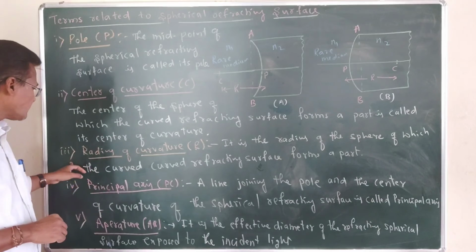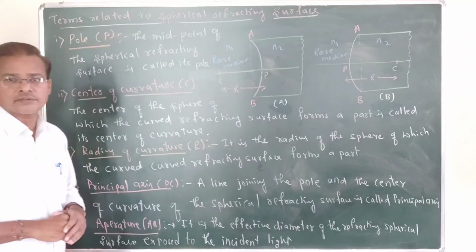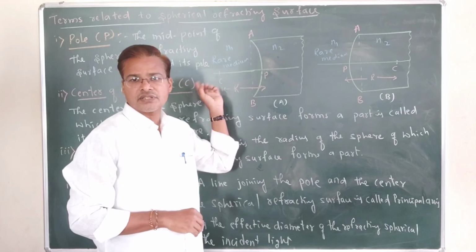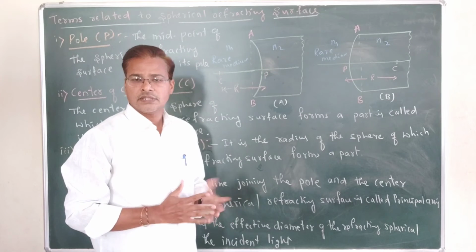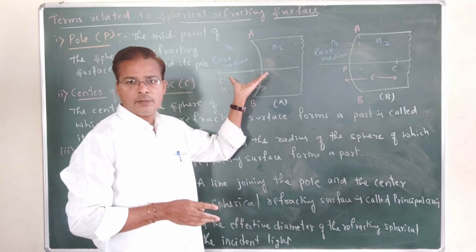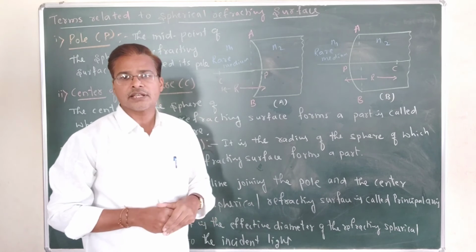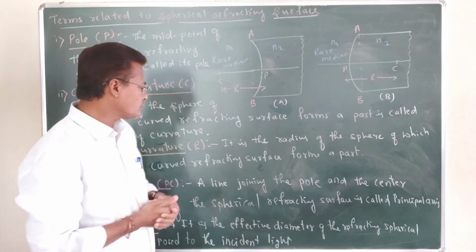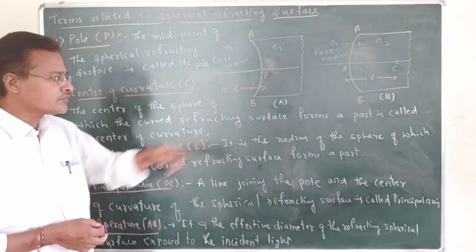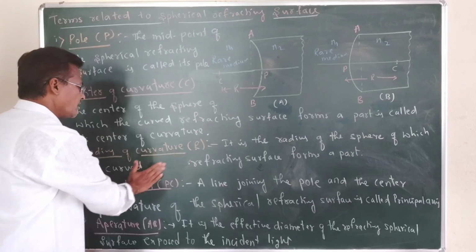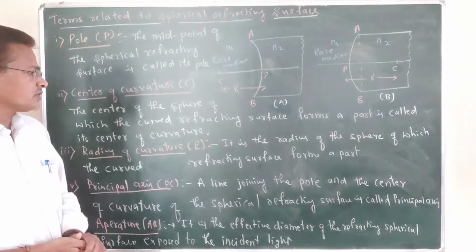Next we will understand the radius of curvature. The simple way to define it is the distance between the center of curvature and the pole. Another definition is that it is the radius of the sphere of which the curved refracting surface forms a part.